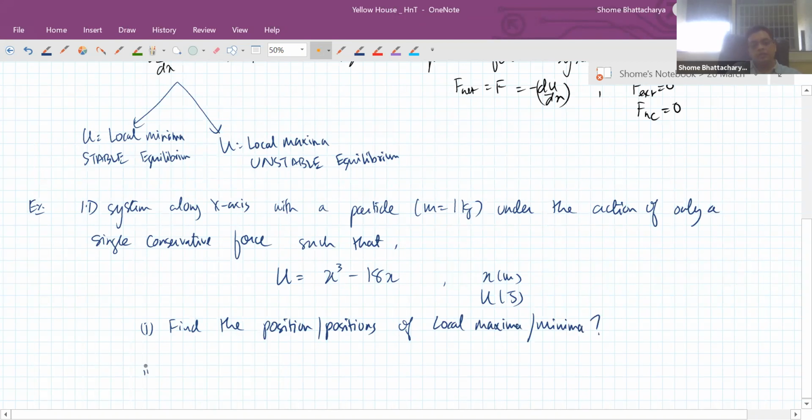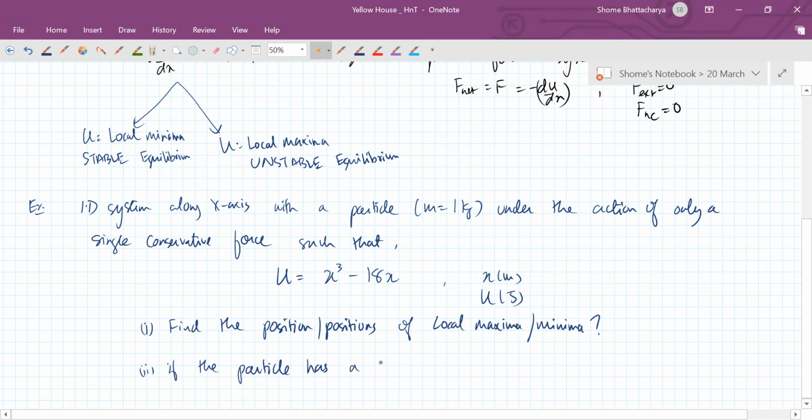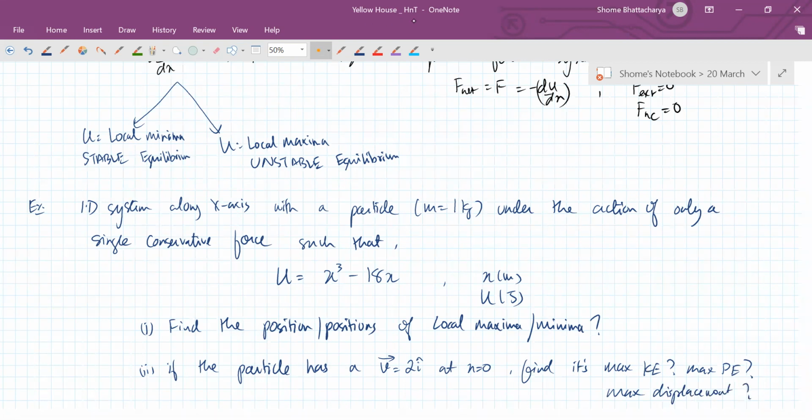And secondly, if the particle has a velocity of plus 2 i cap at x equal to 0, then find its maximum kinetic energy, maximum potential energy, and maximum displacement along the positive x direction. So these are the various things we have to calculate. Just try out this question.